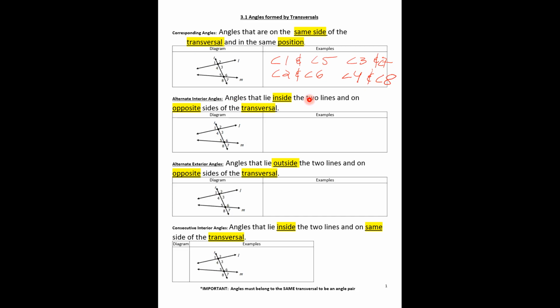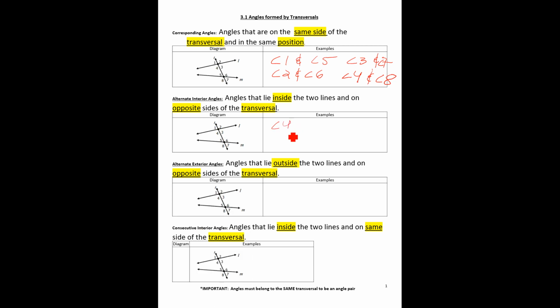The other condition is it must be on the opposite side of the transversal. Looking at 4, the angle over here that is also on the inside of L and M and on the opposite side of the transversal is 6. So 4 and 6 are alternate interior angles.